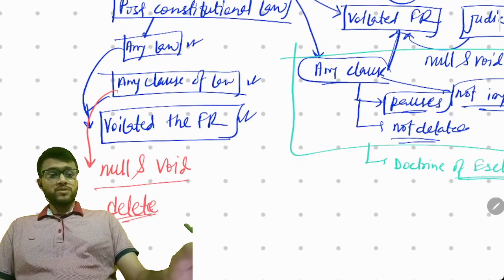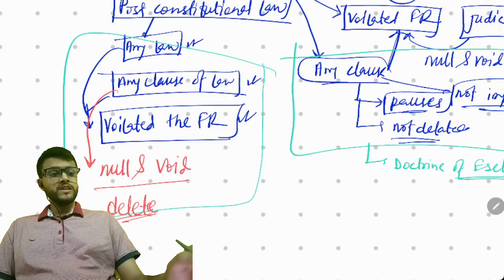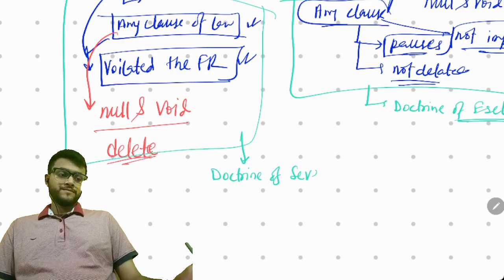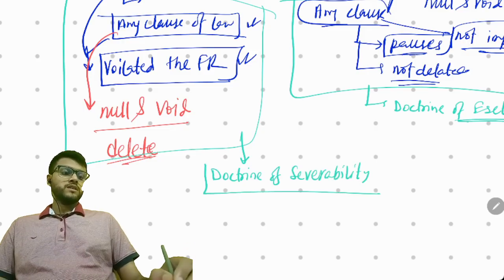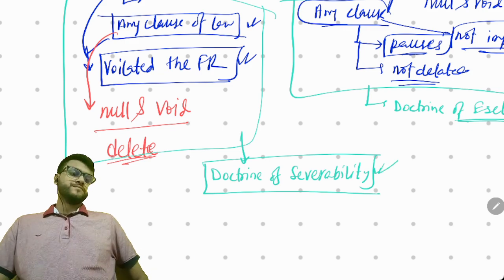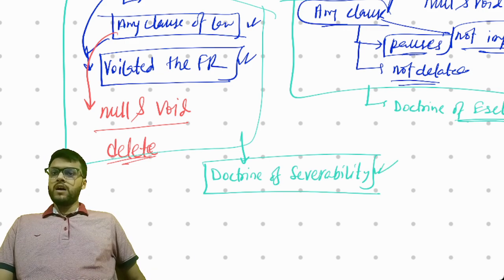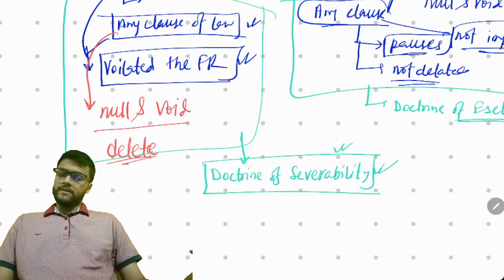And this process is called the doctrine of severability. This clause is known as the doctrine of severability. Hope you understand the main things here.